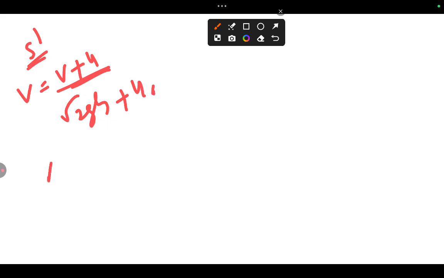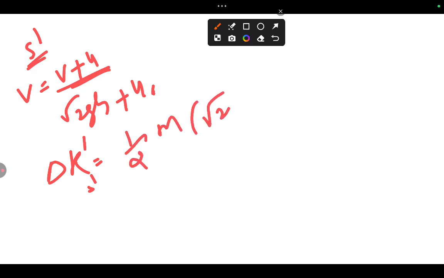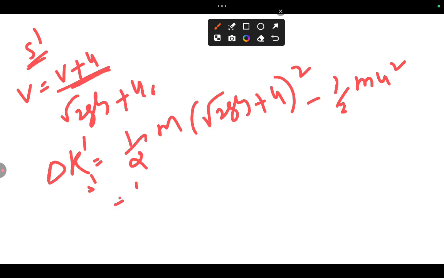Now our change in kinetic energy, ΔK' in the S' frame, equals 1/2 m (√(2gh) + u)² minus 1/2 m u². Let us go with the completion, using (a + b)².